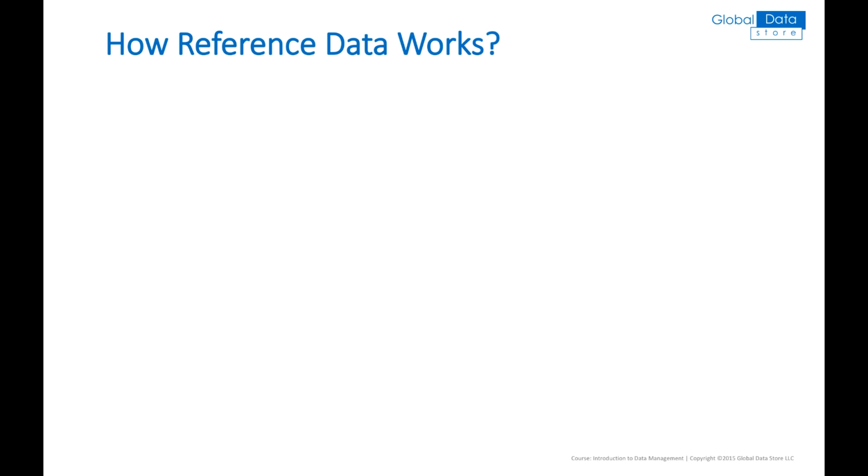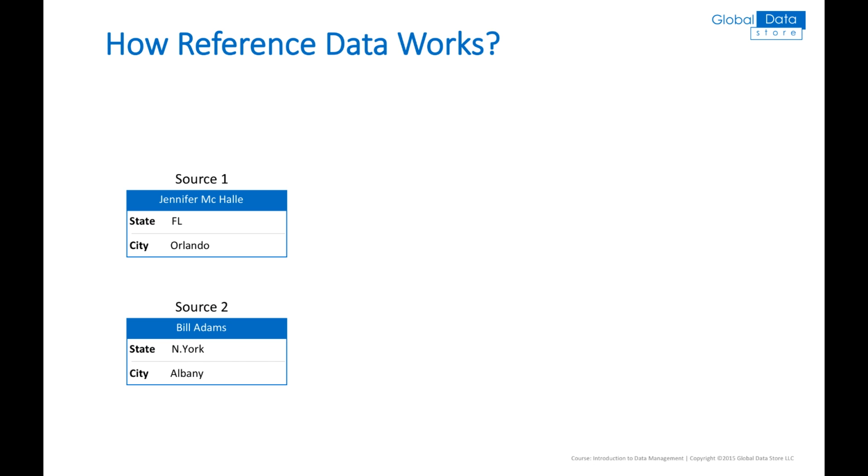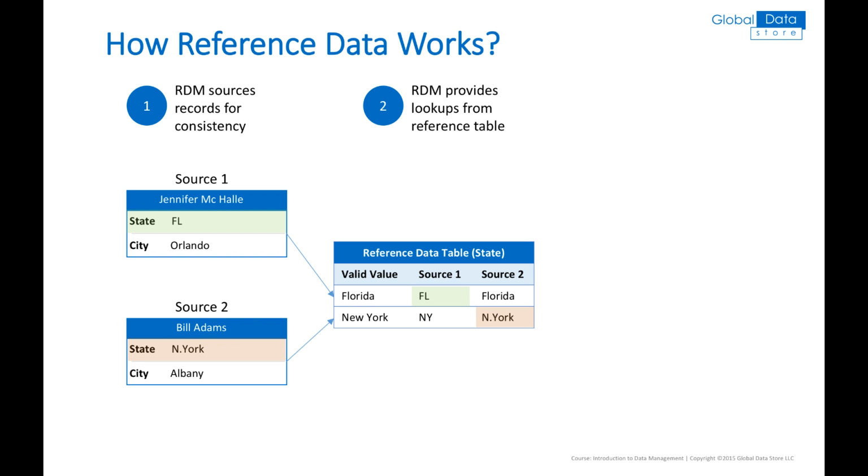Now, let's see an example how reference data works. On the screen we have two employee records, and one of the attributes is state. As you can see, the state is represented with some abbreviations. Similarly as for master data, in the first step, reference data management system determines records for lookup. In the second step, reference data management system provides lookup from reference table.